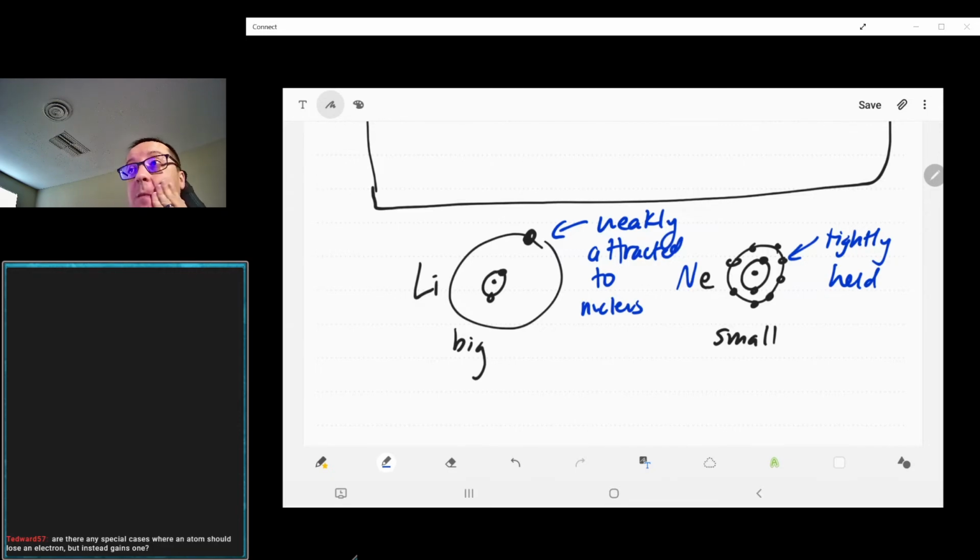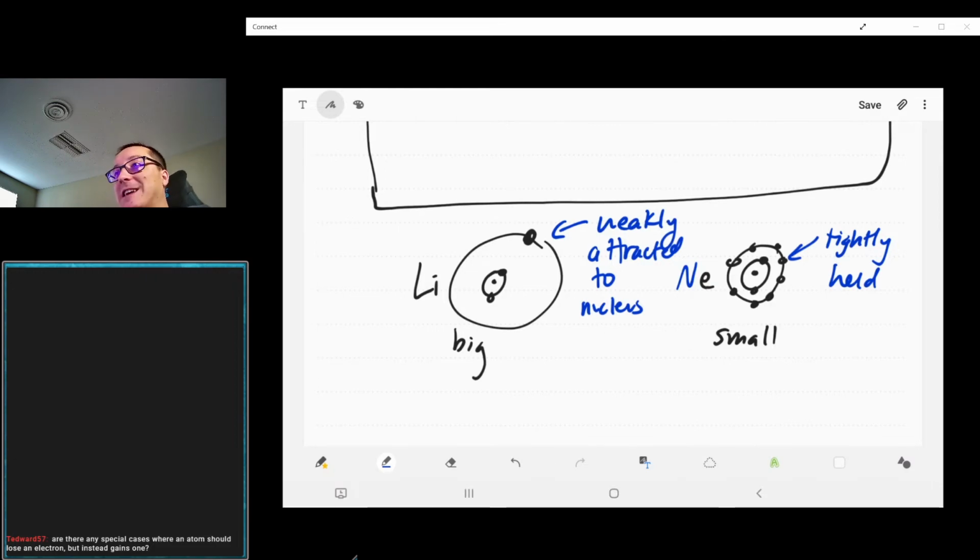Of course, it's going to be easier to remove that electron from lithium, right? Not only is that electron only weakly attracted to the nucleus, because it's far out, it's a big atom, so that electron is really far from the nucleus, and as a result, it's going to be pretty easy to take that. But also, if you take it, you end up making lithium plus, which is going to be stable because it has a noble gas configuration.